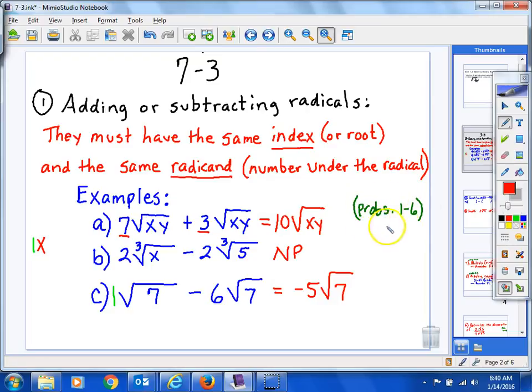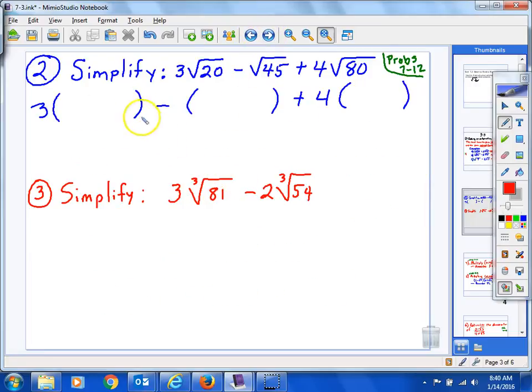That's pretty much what you're going to be doing on this first block of problems in your homework. The next block of problems, you're still adding and subtracting, but these get a little more involved because we have radicals that at first glance look like they cannot be combined because they don't have the same radicand.